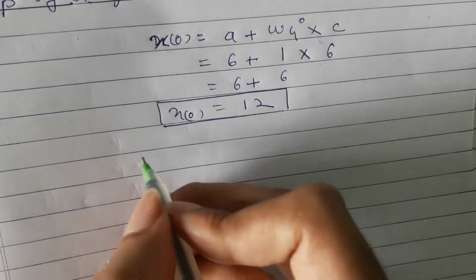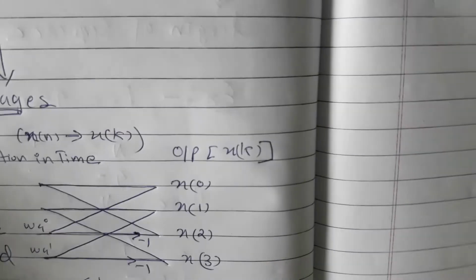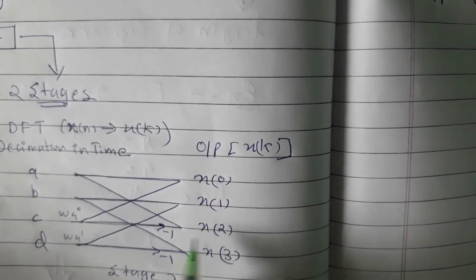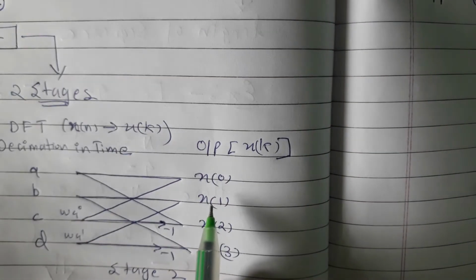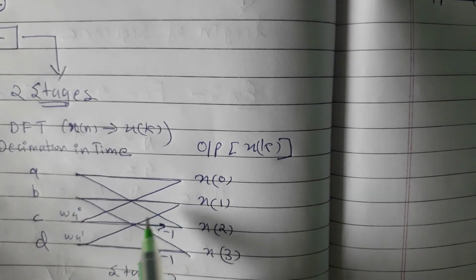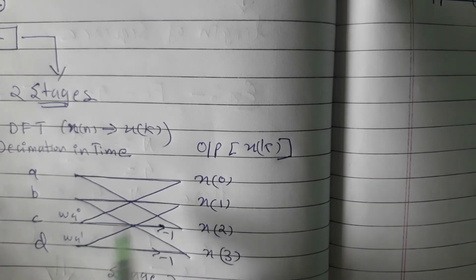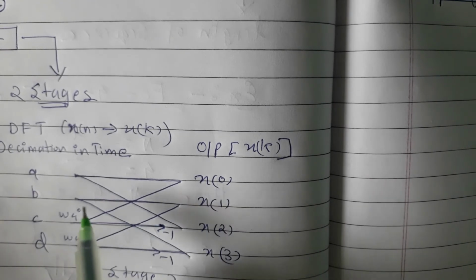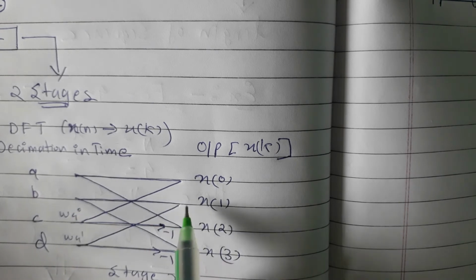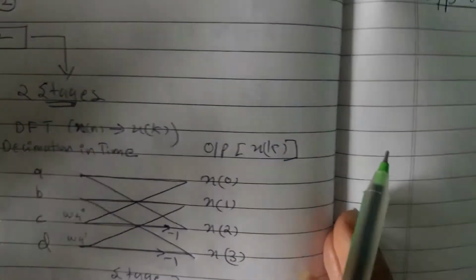So we got our first point, X[0] as 12. Now we will move towards X[1]. At X[1] again 2 points are coming, B and D. So B plus W4 raised to 1 multiplied by D is equal to X[1].